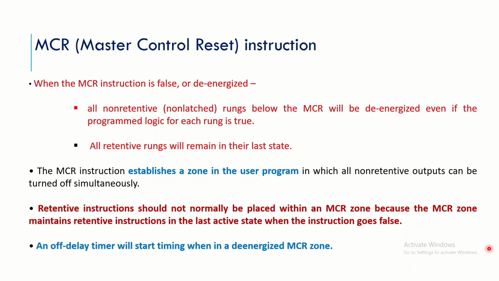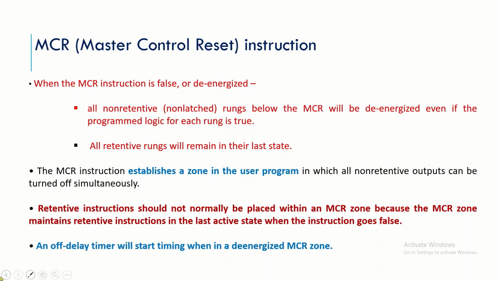Now you see that it is written over here, I am going to point 2. The benefit of the MCR instruction is that it simply establishes a zone in the user program. By proper application of this MCR instruction, all non-retentive outputs can be turned off simultaneously.